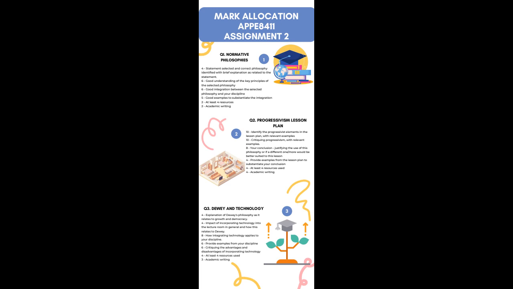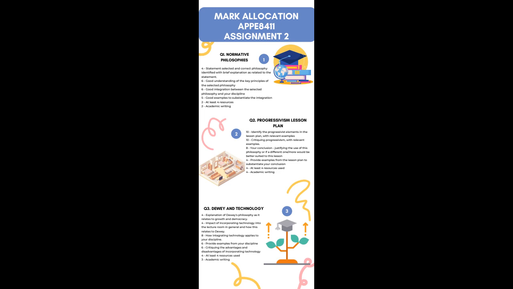Again, not a lot. You can identify maybe 3 things, elements within the lesson plan that you want to critique. It doesn't have to be against. It can be for. So critiquing is not necessarily that it's always negative. So you could say, obviously it's going to be difficult because in the first question you've highlighted the 5 elements that do fit in with progressivism, and so in the next part you're going to look at things that maybe don't.